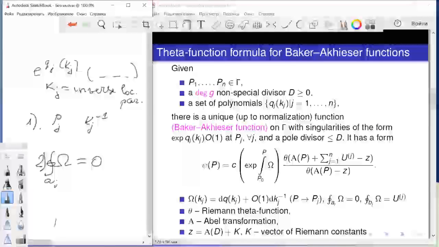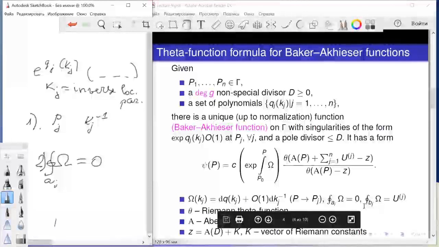By these two conditions, the differential omega is uniquely determined, and then by U upper J, we denote its B periods, as it is written here.